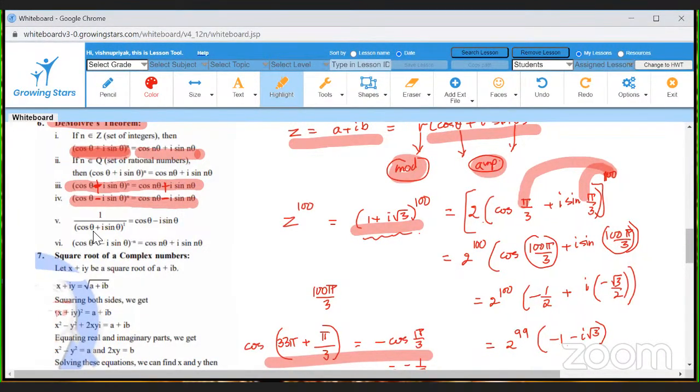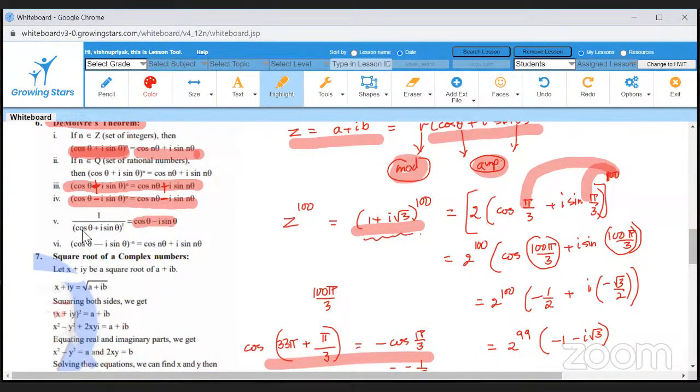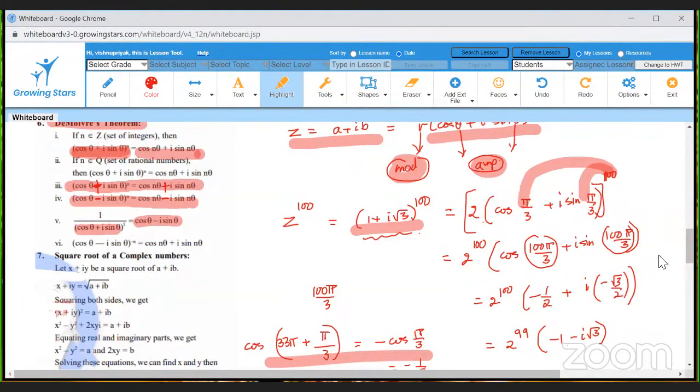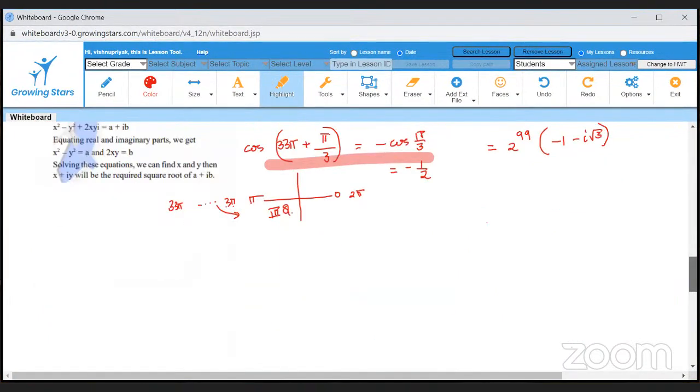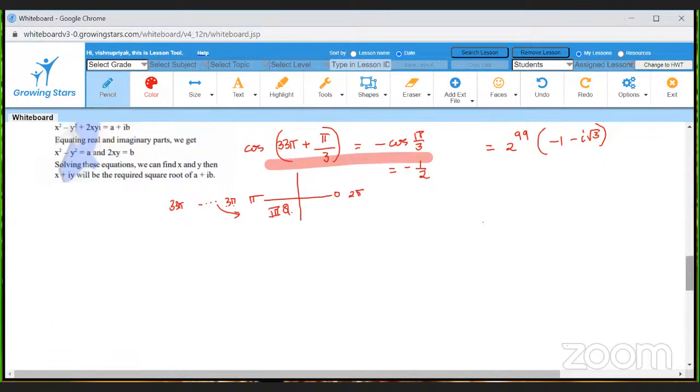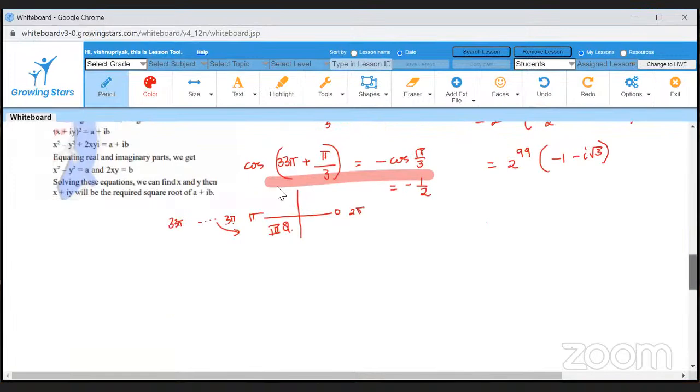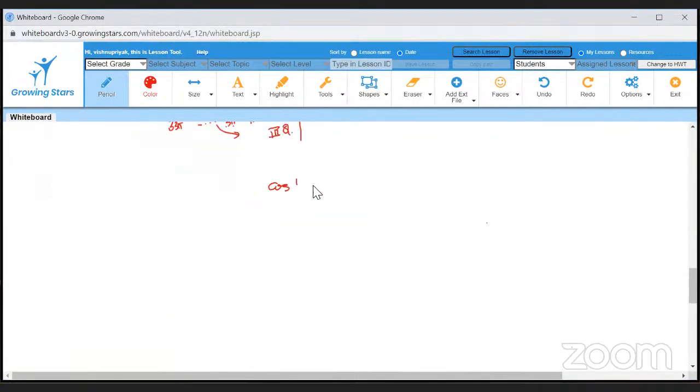The next is cos theta minus i sin theta and cos theta plus i sin theta are reciprocals of each other. What I mean is, if you have cos pi by 3 plus i sin pi by 3, you can write it as 1 by cos pi by 3 minus i sin pi by 3.